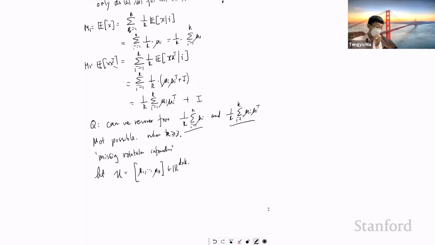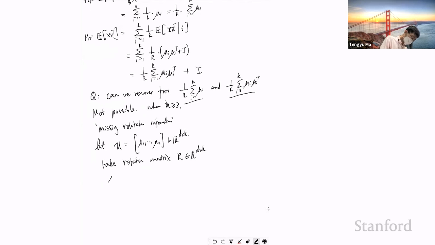I'm going to construct such a situation. How do I do that? I'm going to take a rotation matrix R of dimension k by k, and consider U versus U times R. If you rotate on the right-hand side, you get a different set of means. I'm going to claim that U and UR have the same statistics, these same two quantities.